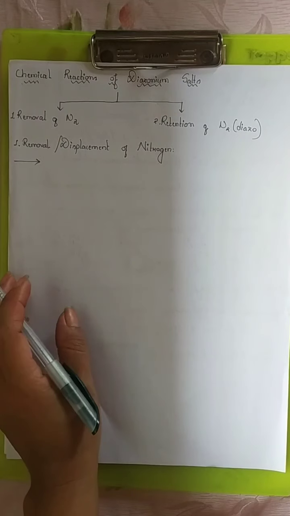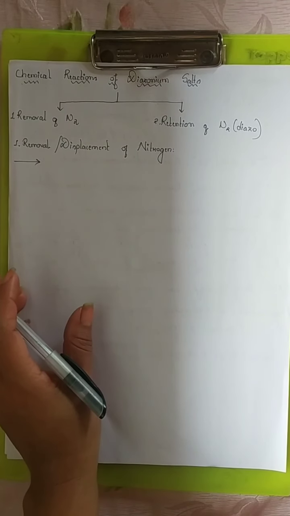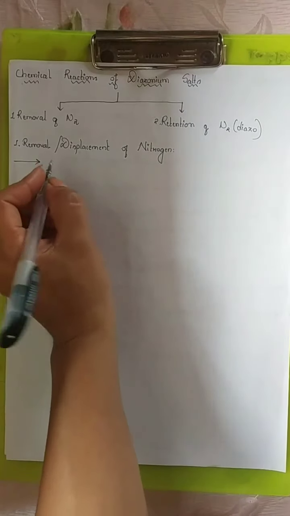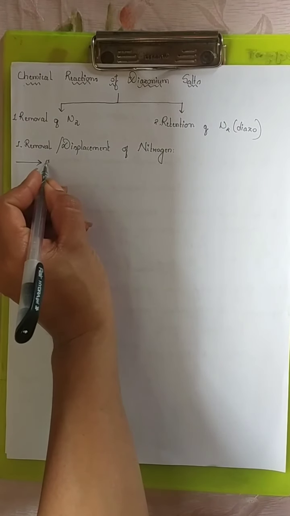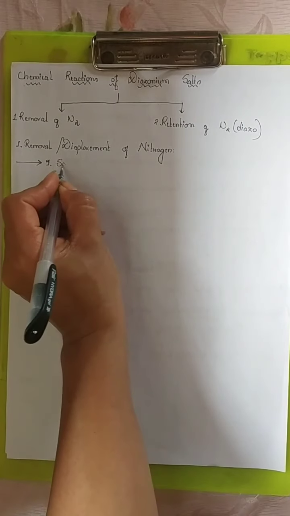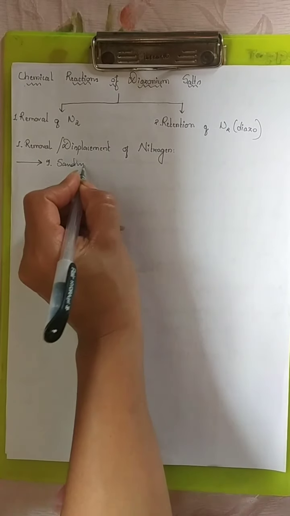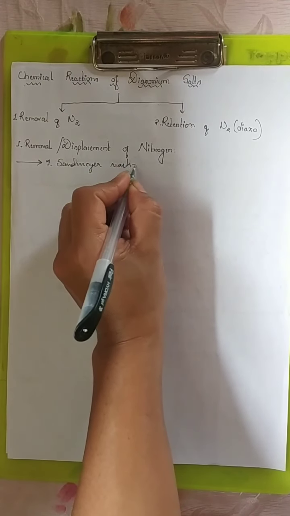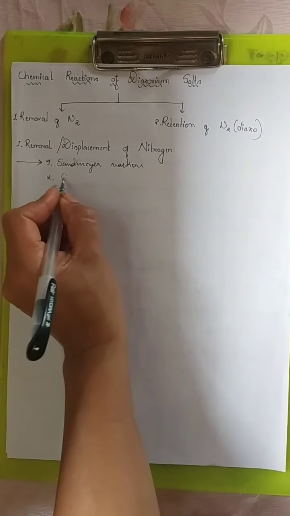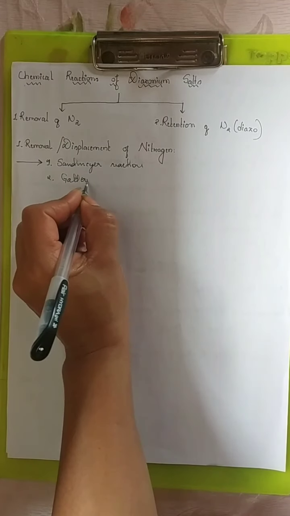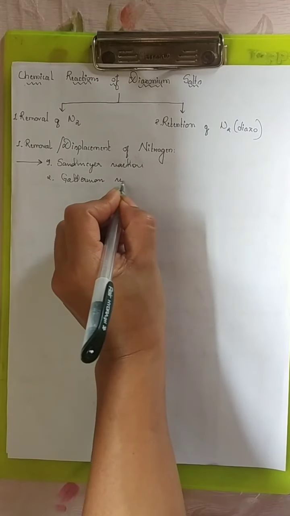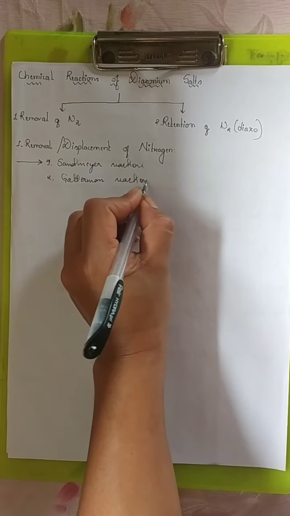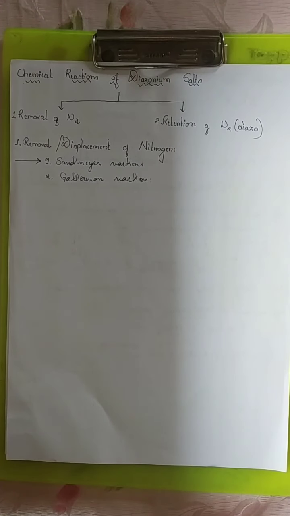This process has many different types of reactions. Two main important reactions under this process are Sandmeyer's reaction and Gattermann's reaction.